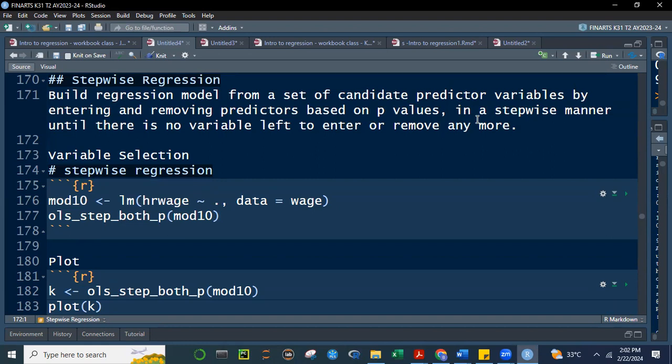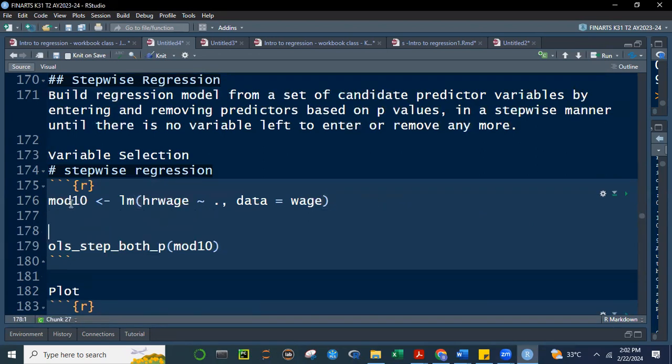Tapos siya yung i-insert natin. On the other hand, pag backward, you load all the variables, and then isa-isa tatanggalin natin. Okay. So this one, class, let's first create this model. Ano lang, class, please insert a code chunk.